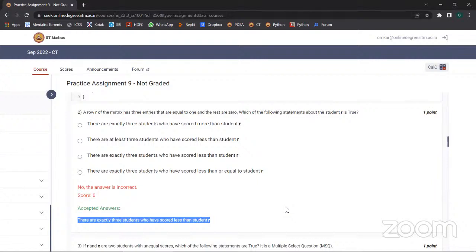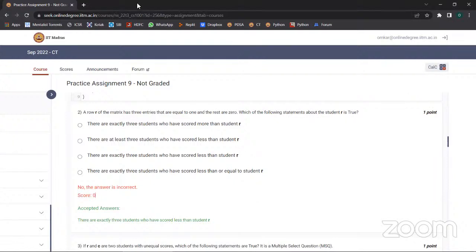What you are saying is R scored more than 3 students. The statement says there are 3 students who have scored less than R. It's the same thing, right? The 3 students already have more marks than R. I'm confused.